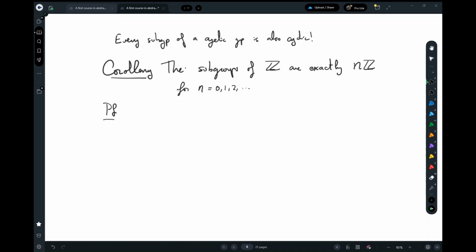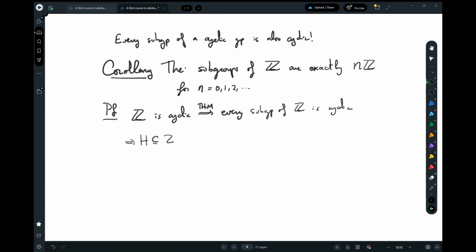So why is this true? Because Z is cyclic. Our previous theorem shows that every subgroup of Z is cyclic, and therefore, if H contained in Z is a subgroup, H must be generated by a given integer n, which is actually the same as the subgroup generated by minus n. So I can actually just take the absolute value of n.